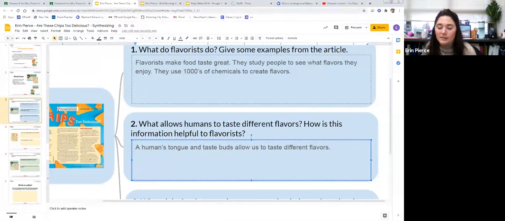A successful flavor, a tangy citrus for gum, a zesty spice for chips, can earn millions of dollars. No wonder flavor companies guard their formulas with such care. But what makes a flavor good? Why do we love some tastes and not others? Check out your tongue in the mirror. That slimy pink blob is a great flavor detecting tool. You have 10,000 taste buds on the inside of your cheeks and on your tongue. They can sense 5 different flavors. They go into the different flavors that you can taste.